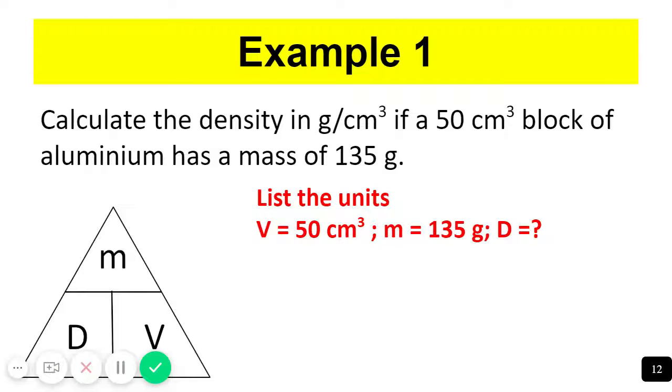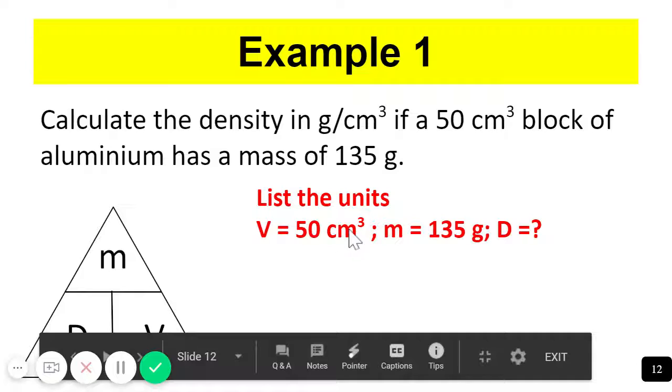First question: calculate the density in grams per centimeter cube if a 50 centimeter cube block of aluminium has a mass of 135 grams. First thing we have to do here is always to list the units. 50 centimeter cube reminds you of volume, so V is 50 cm cube.